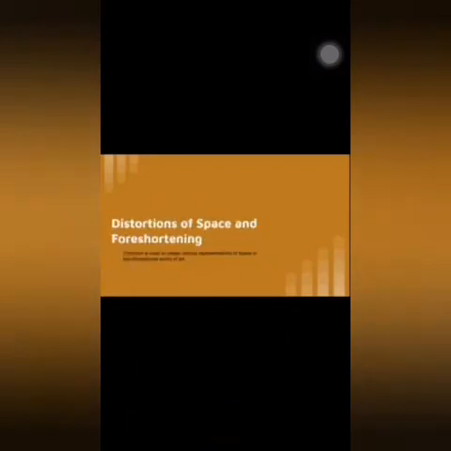distortions of space and foreshortening. So what do we mean by distortion? Distortion is used to create various representations of space in two-dimensional works of art. A distortion is the alteration of the original shape or other characteristic of an object, image, sound, or other form of information or representation.